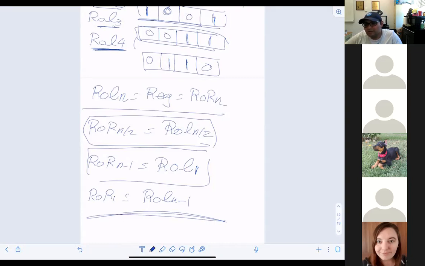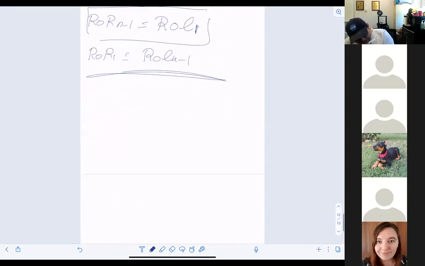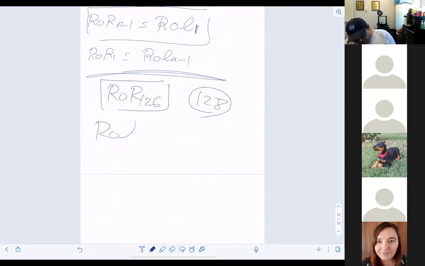If somebody tells you that you have rotation right 126 in 128-bit, so a rotation left 2 is equal to what? 126, right? Yeah, it's going to be n minus 2. 126. Make sense?